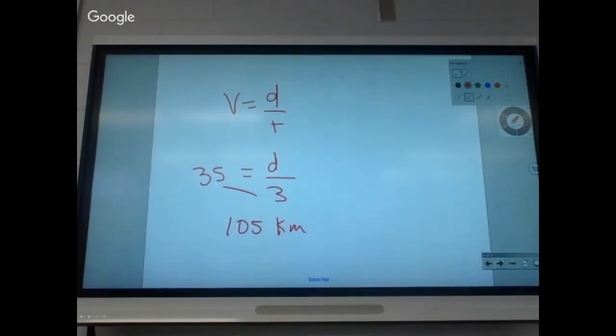One times 150. Now, once you have that, you get that 2 times 7.